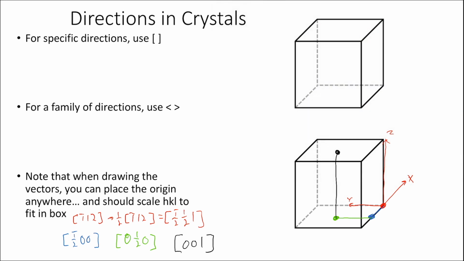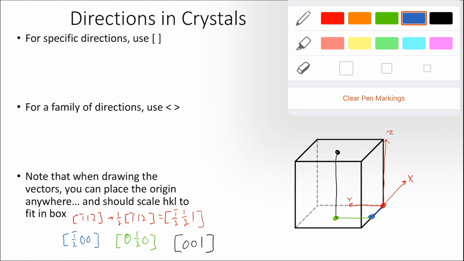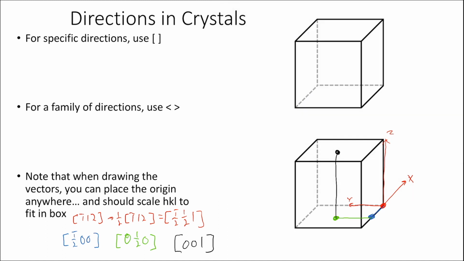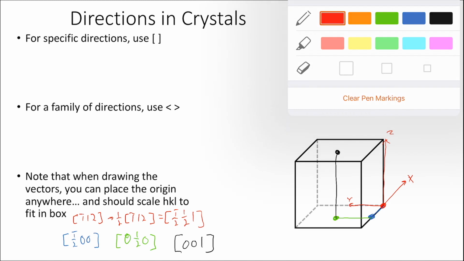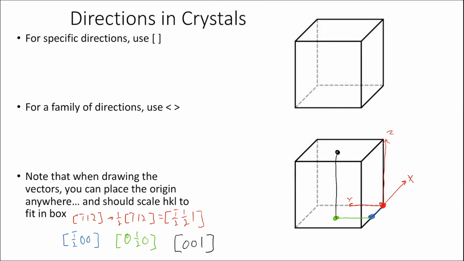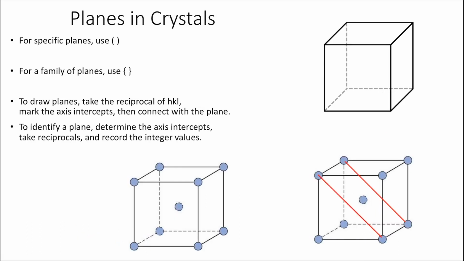And that's going to be our final vector here. So I'm going to make this red. So we're going to go from the origin and up here. And so this is going to be our minus 1, 1, 2 direction. All right, no problem for directions.